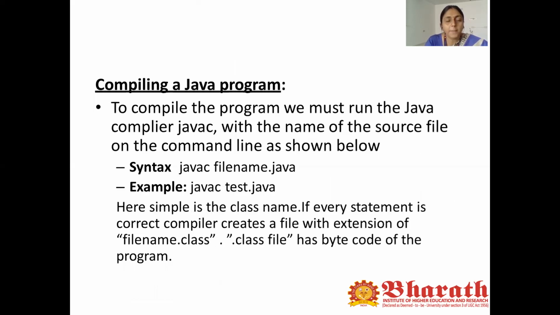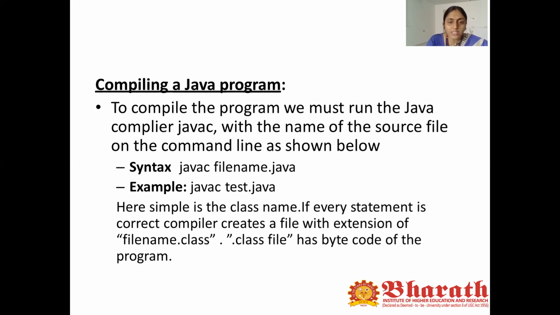And now, how to compile this program and how to run it. We know the class name in the program is Test, so we have to save this file as Test.java. How to compile this? We use the Java compiler, that is javac space filename.java, so javac Test.java.